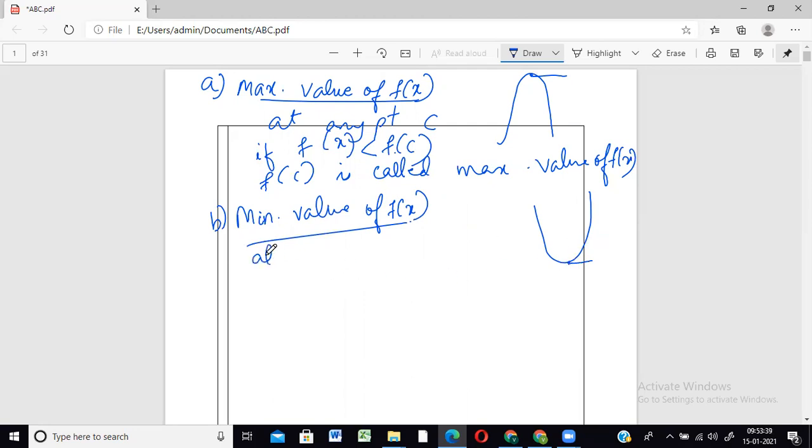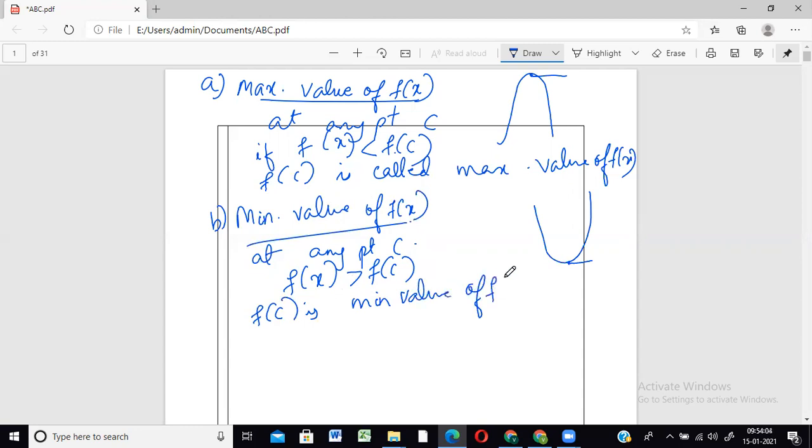So at any point c, what will you have? The relationship where f of x was less than f of c will now become the opposite, because c is the least, the minimum value. So f of x will be greater than f of c, and this f of c is called the minimum value of the function.